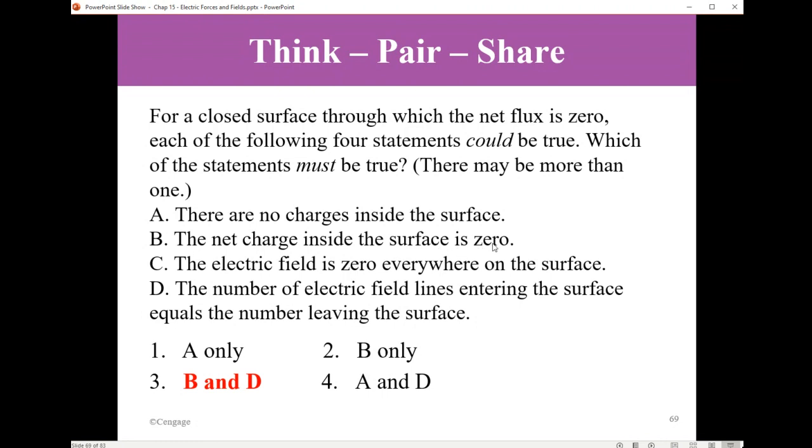The net charge inside must be 0, and the number of field lines entering and leaving must be exactly the same in order to have 0 flux. The electric field is 0 everywhere on the surface. This is a possibility, but this can result from having a field inside and field outside, okay? Not necessarily 0 flux. So B and D would be the right answer for this problem.